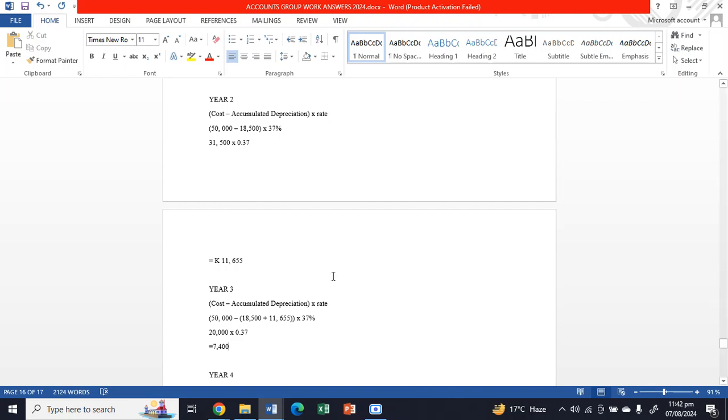Right, so the process continues. The next year, if it's year 4, you add this 7,400 with this here and calculate. So that's how the reducing balance method is done.